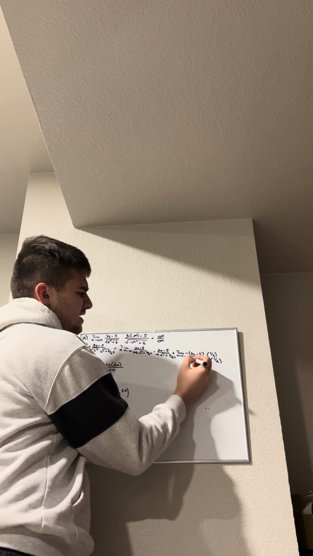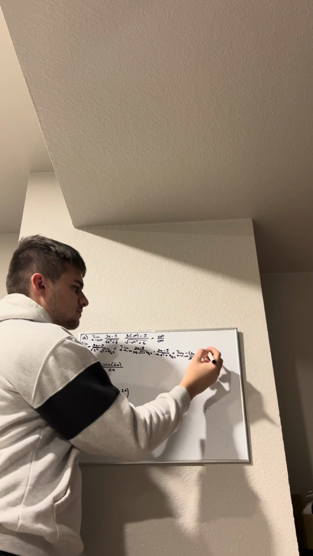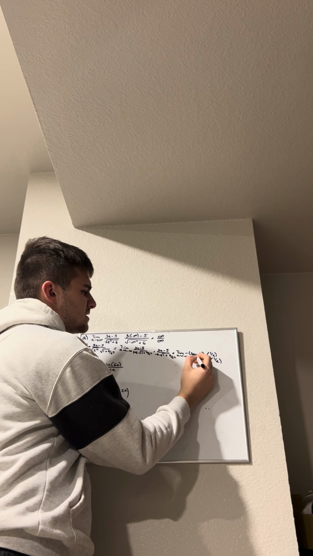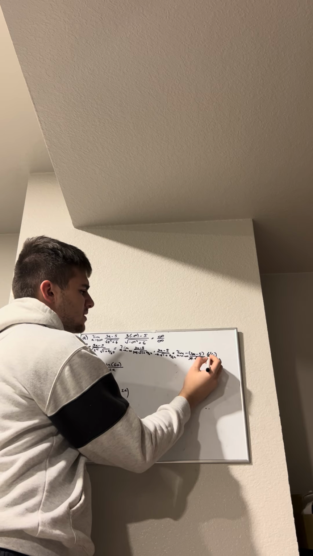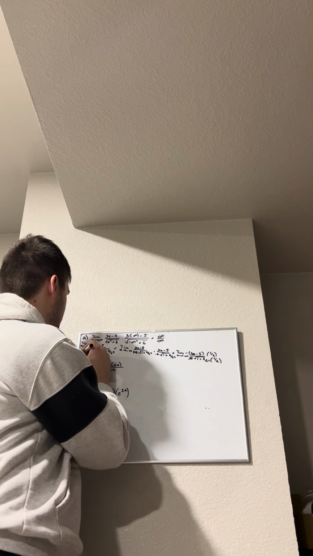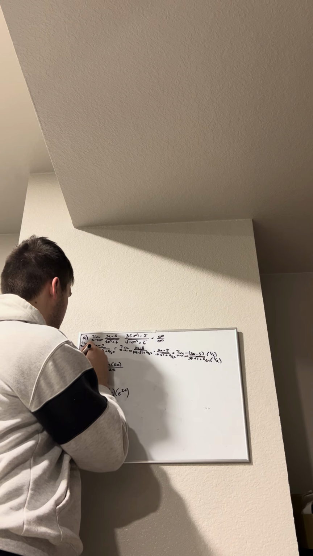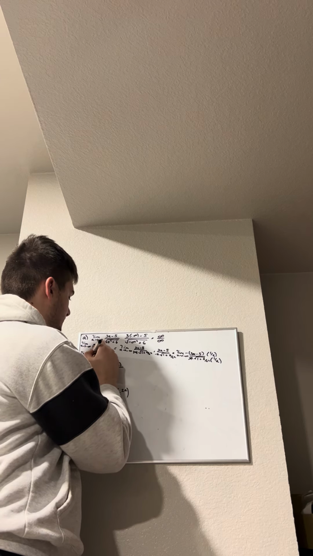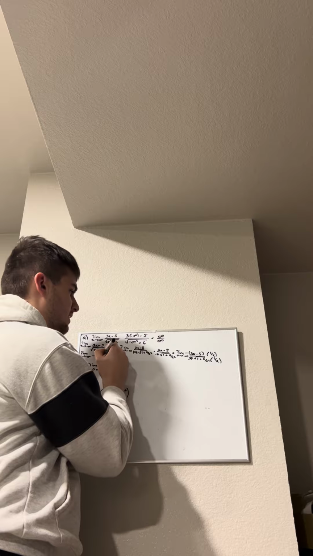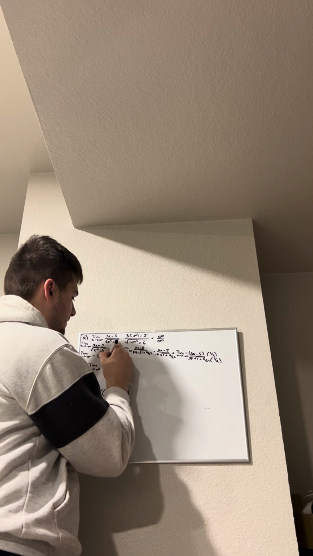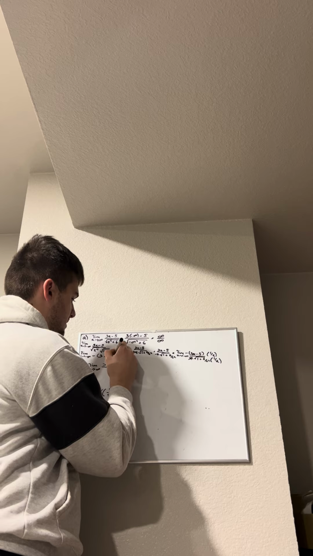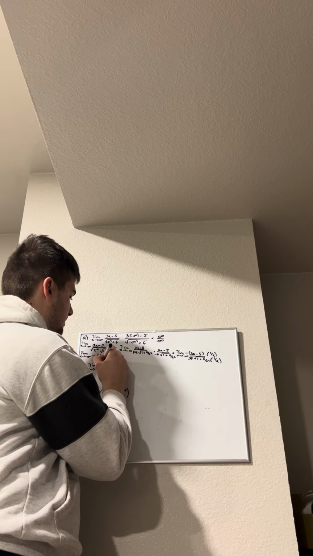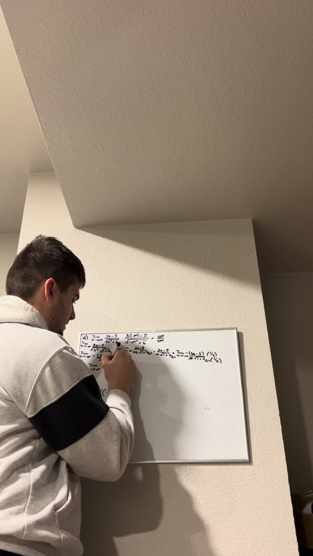The x cancels out here, and the x cancels out here as well. So we would essentially have the limit of x approaching negative infinity of negative 3 minus 5 over x, all of that over the square root of 1 plus 6 over x squared.